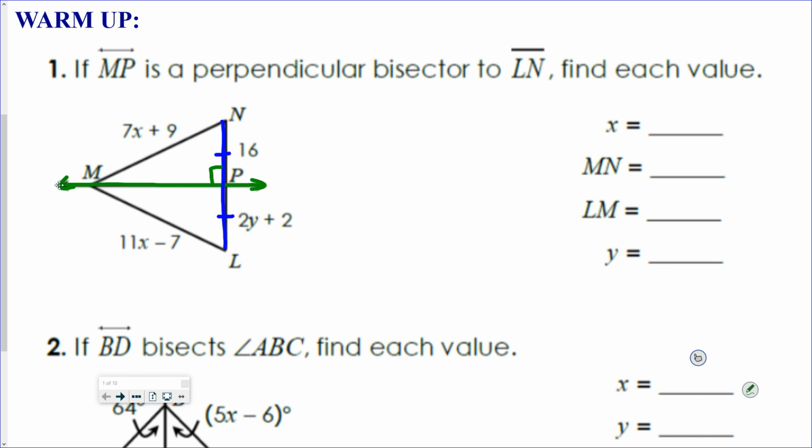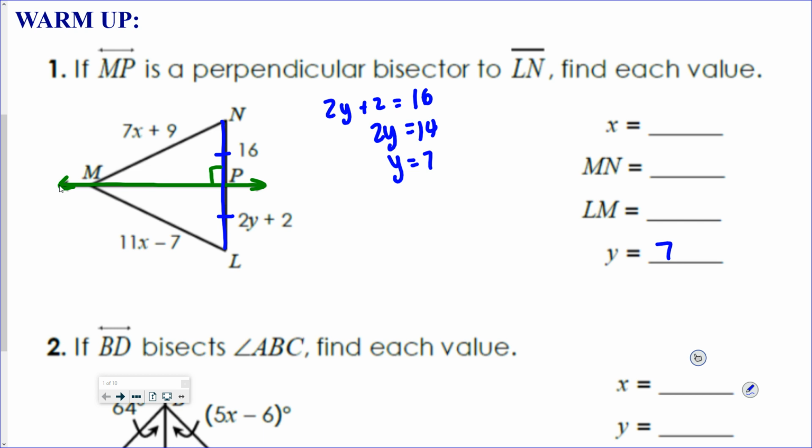Which is the midpoint. So probably the easiest variable to find first here would have been y, because you know it bisects it. So you just would set up that PL distance has to be the same as 16. You should have gotten y to be 7 for that first one.